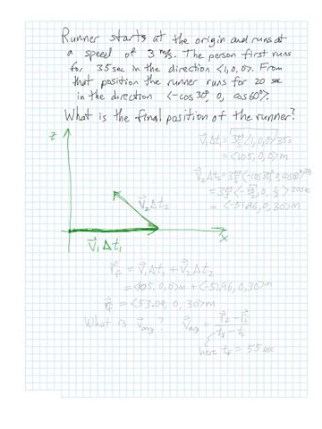To find the final position, we'll calculate each of these individual vectors, then add them together to get the final position. So let me start with v1 delta t1. We're told the speed is 3 meters per second, and the person runs in the direction 1, 0, 0 for 35 seconds.